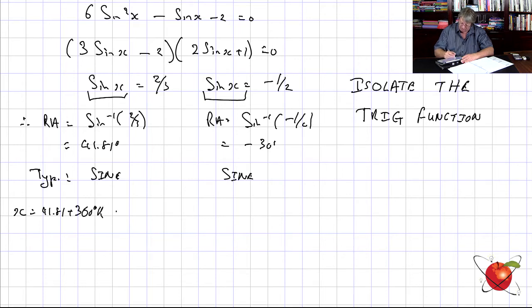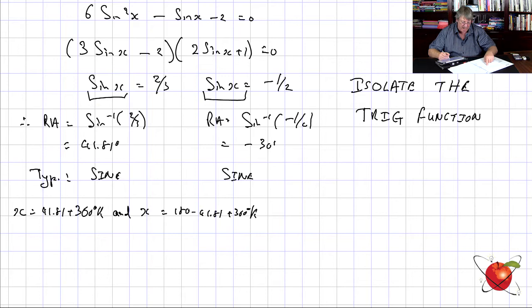I've got to write a bit small. My apologies about this, but I will run out of space if I don't. Sorry, not theta, x, because I used an x, equals 180 minus 41.81 plus 360 degree k. And we've got x equals minus 30 plus 360k.